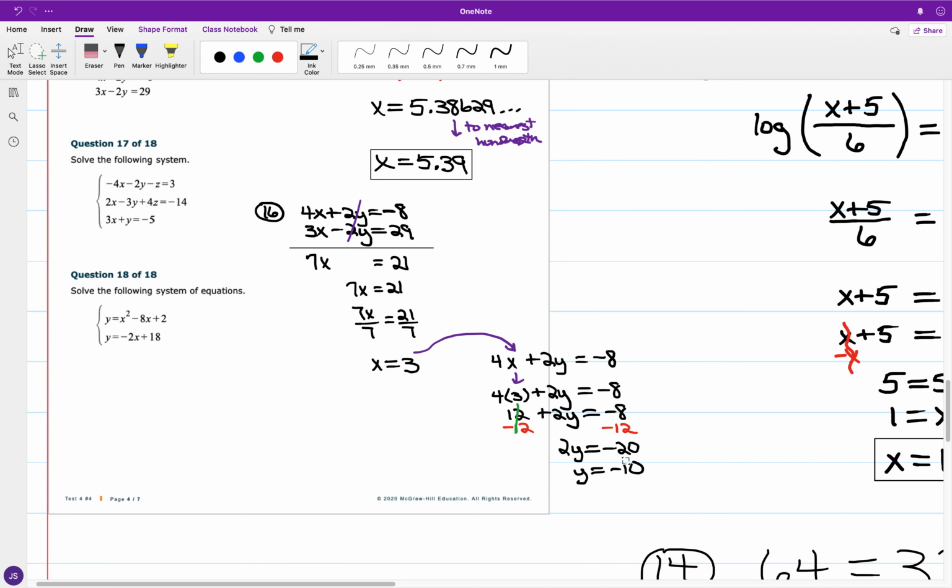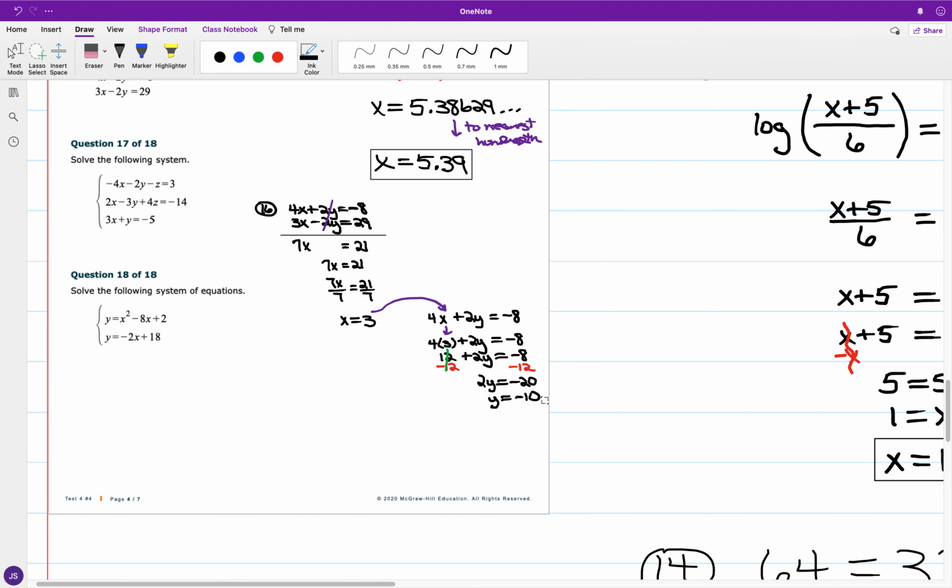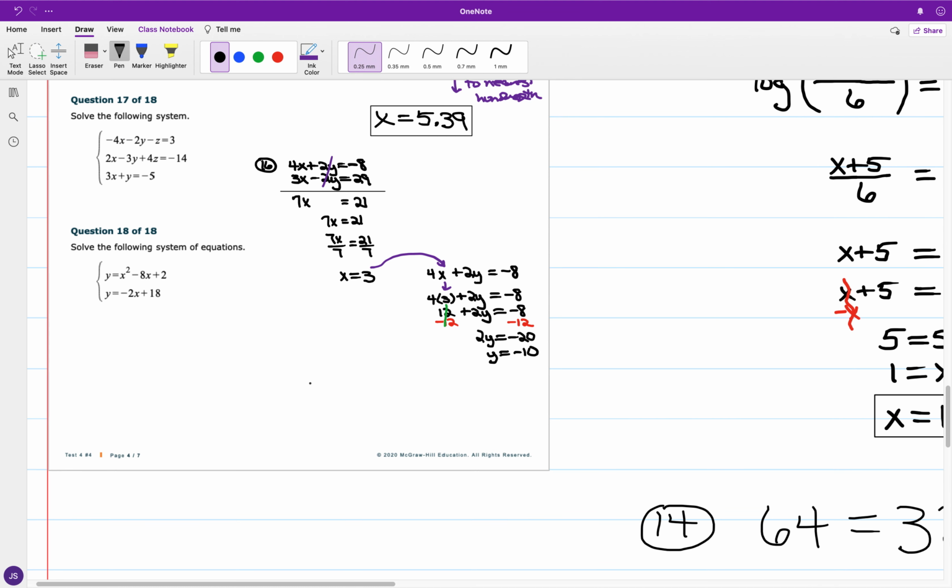I'll just create a little bit of space here. So y comes out to negative 10. In the case of the solution, we have that x is equal to 3 and y is equal to negative 10.